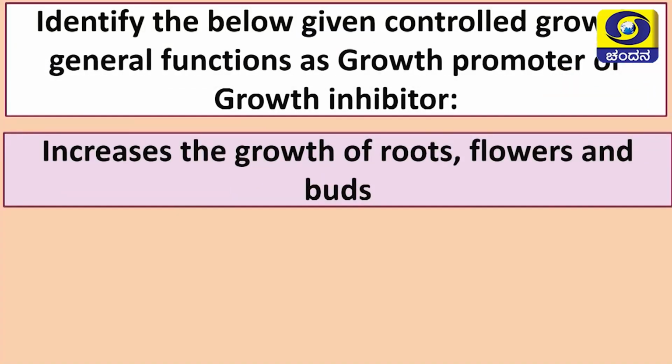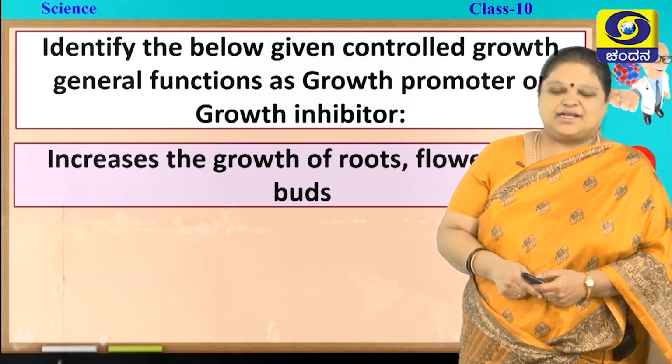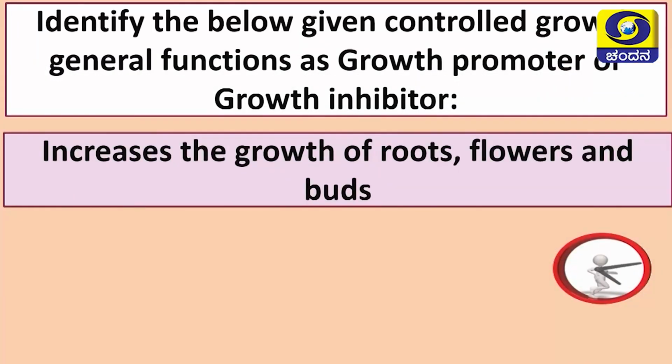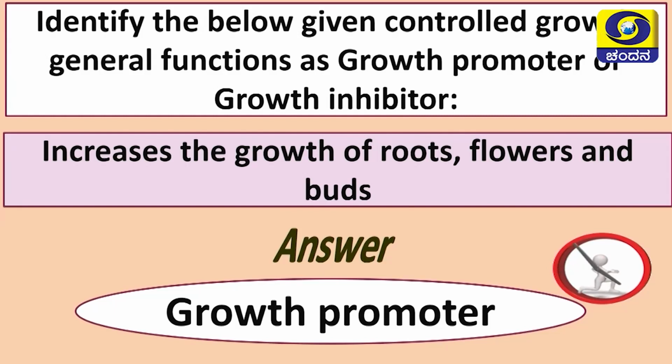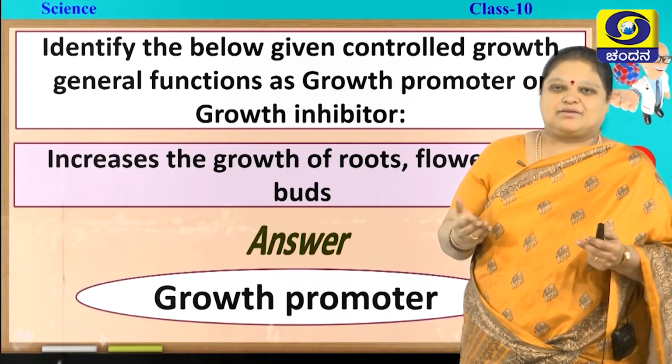This one will help in increasing the growth of roots, flowers and buds. I want you to think and answer which one will help you in increasing the growth of roots, flowers and buds. So, the answer is growth promoter. Of course, they will help in growth.